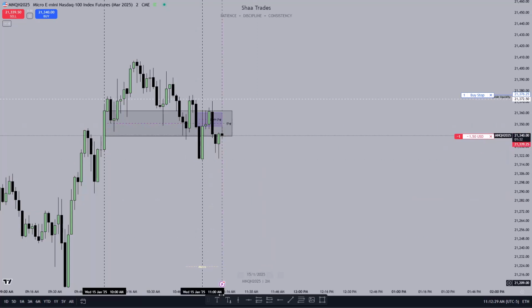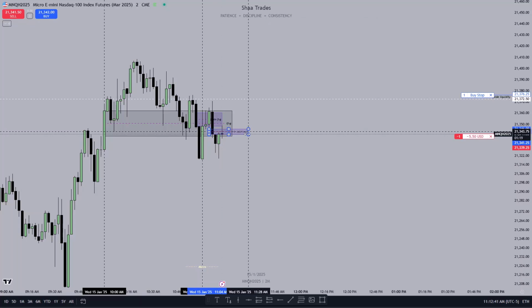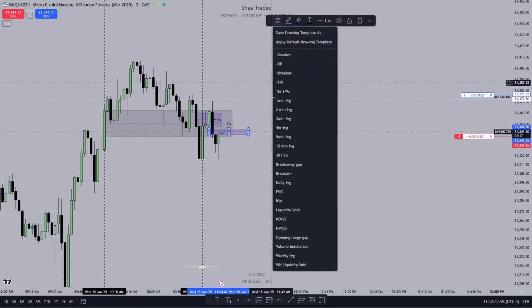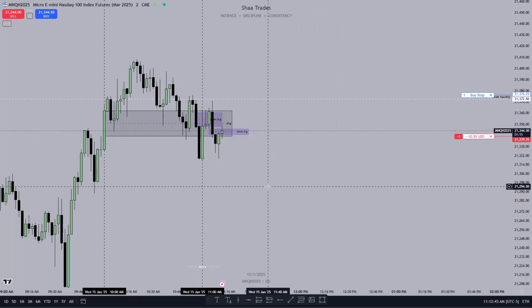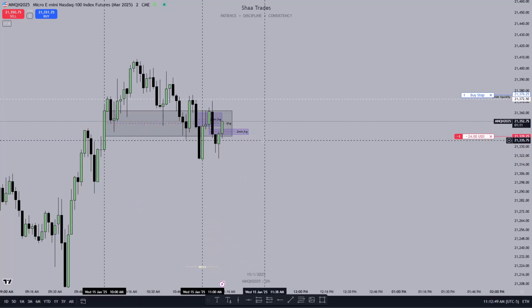Now we're looking at, and I do apologize, my chart looks a bit messy here, but now we're looking at this fair value gap there. And since we're in a 2-minute, it is a 2-minute fair value gap. So now we want to see price stay below here.